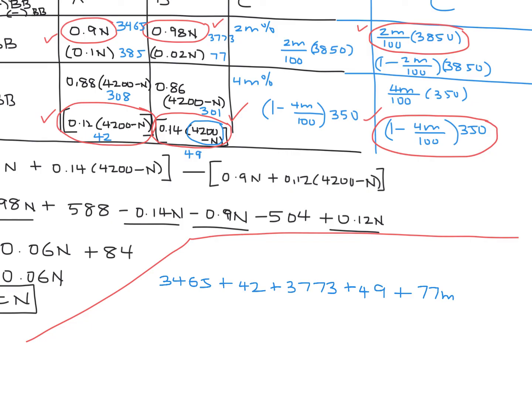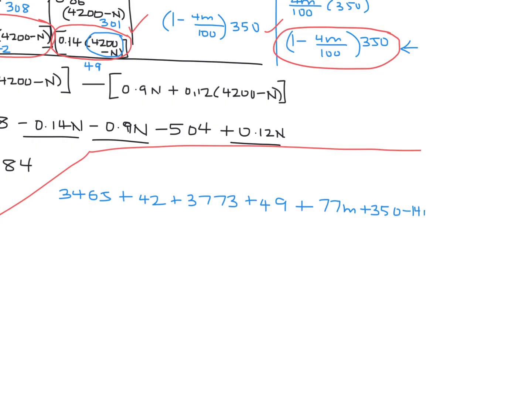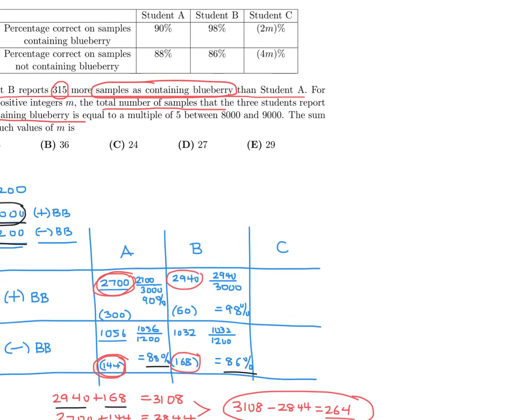And this guy here, the 1 is going to give you a 350, but then if you multiply 4 times 350 and divide by 100, you're going to get minus 14m. And now that is equal to a multiple of 5 between 8,000 and 9,000.